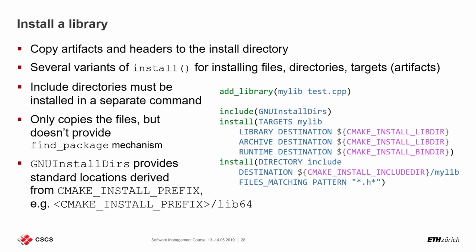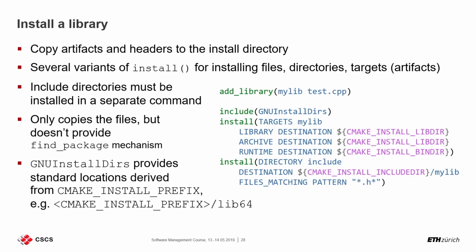And there are two steps for installing a library. One is to copy the compiled library itself. You do this with install(TARGETS ...), and you mention the target that you want to install, and you give a destination where it should put these files.